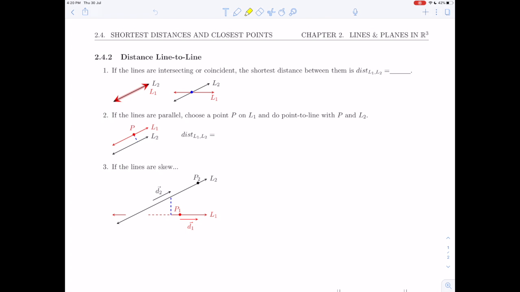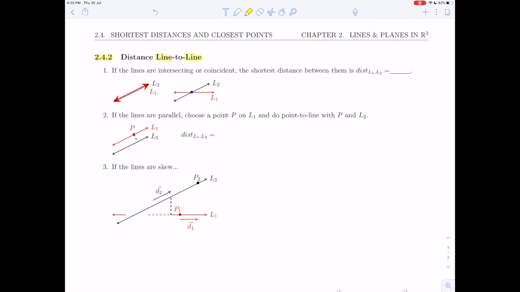In this video, we are going to continue with section 2.4 on shortest distances and closest points, and we are going to do section 2.4.2, the distance between two lines.